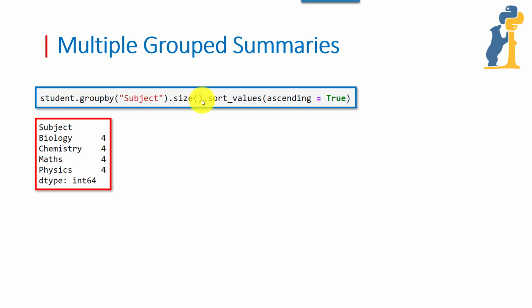If you want to list down how many observations or how many rows in each subject, use size. But here all the subjects include the same number of observations. If you have a different number and you want to sort these values, you can use the sort_values method.